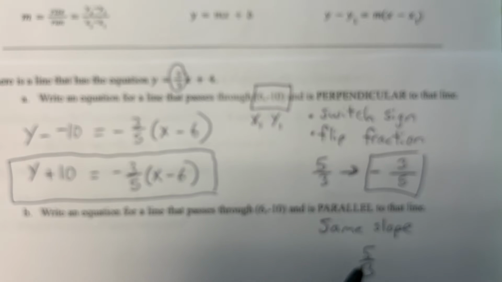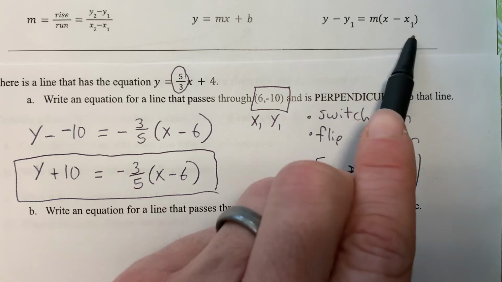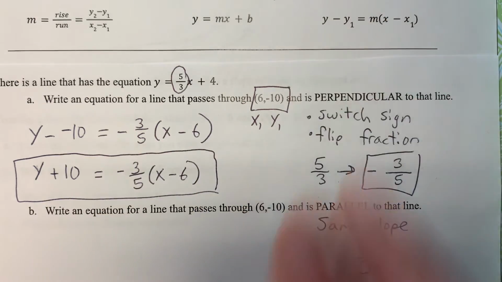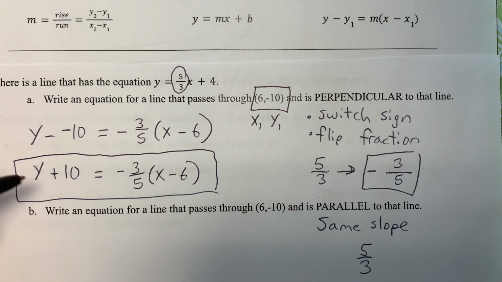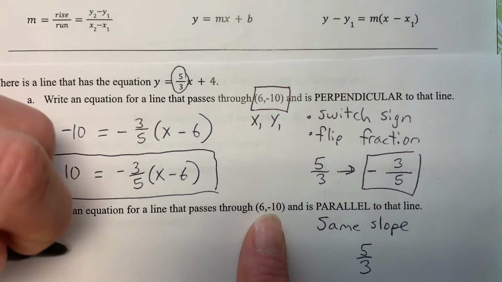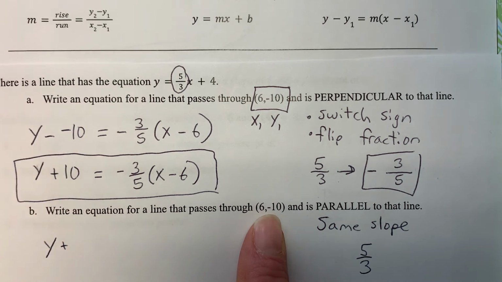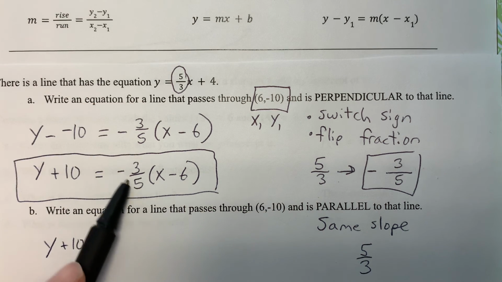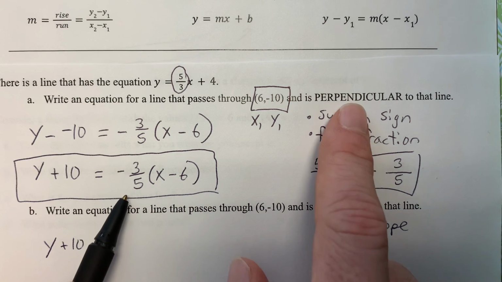And just like in part A, we have a slope and a random point. So again, we're going to use the formula that gives us the slope and a random point. So again, we're going to use this one, and here we go. So it's the same point, so it's going to be exactly the same as this one. So y plus 10 equals, except this slope is the one we used for perpendicular.